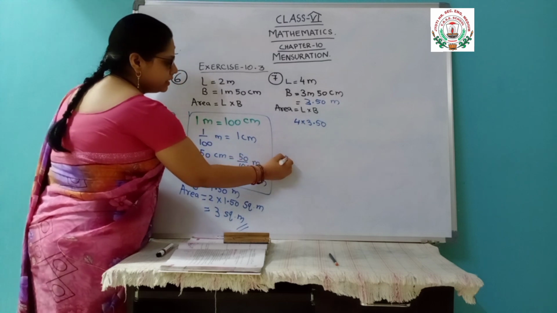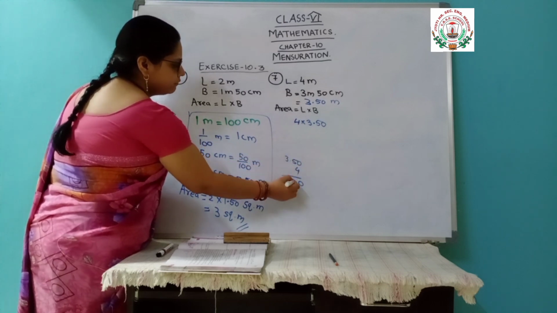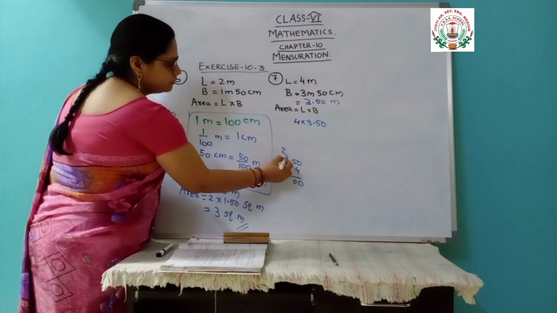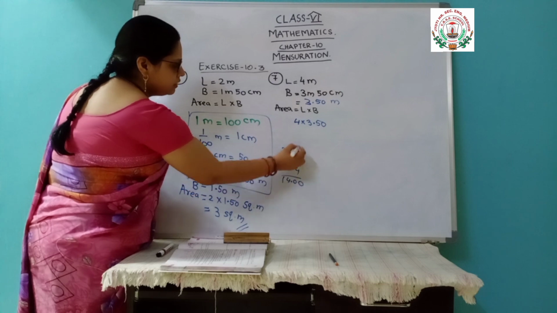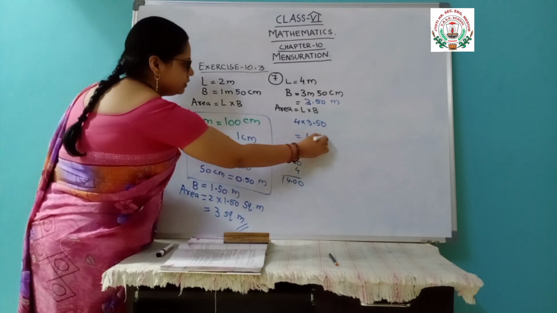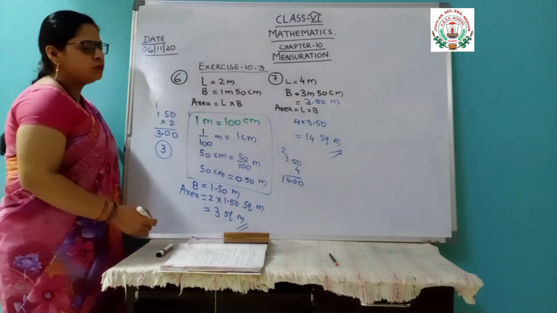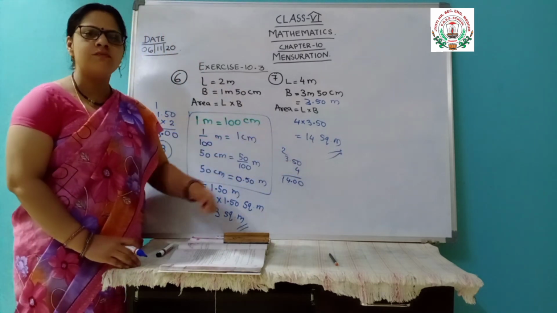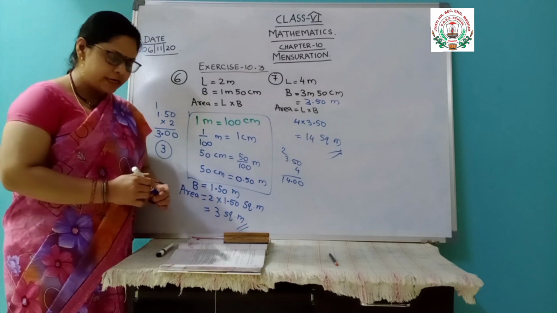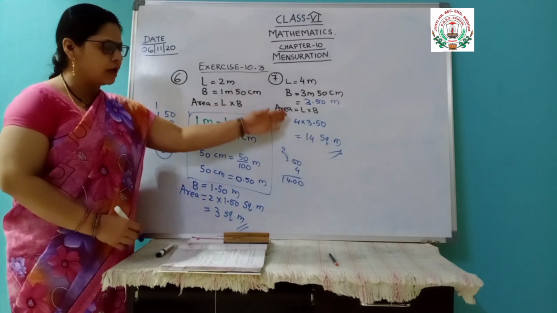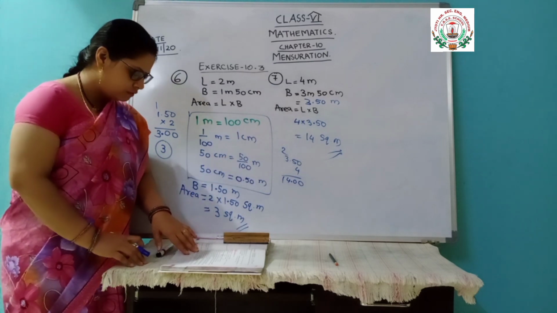Now multiply that. 3.50 into 4. 5 4s are 20, 0, 2. 3 4s are 12 and 2 14. 2 digits before decimal. So total 14 square meter. This will be the answer. So total this much square meter of carpet will be required to cover the whole room. Statements you have to write there. Rest the calculation will be simple only. So this we have completed question number 7.